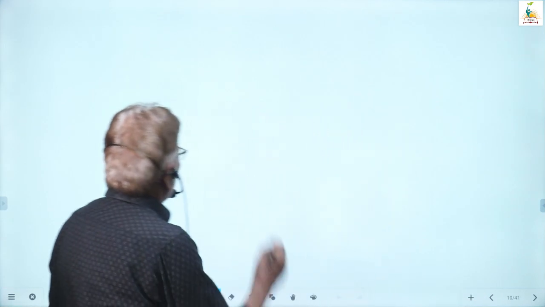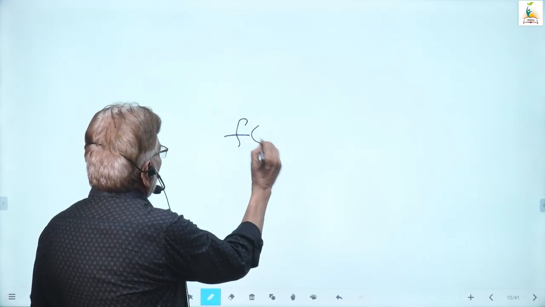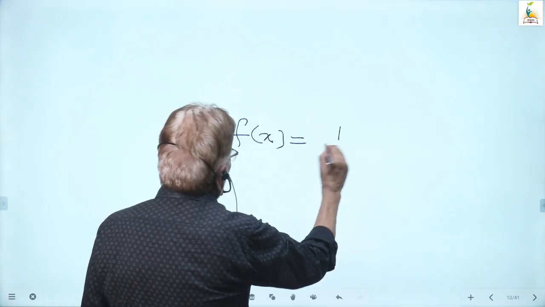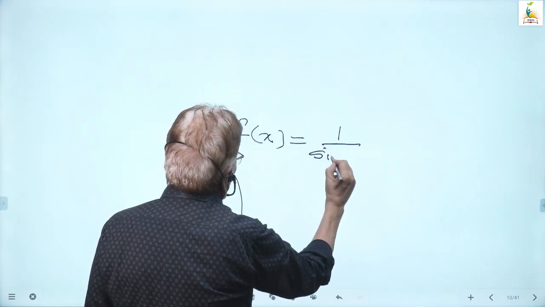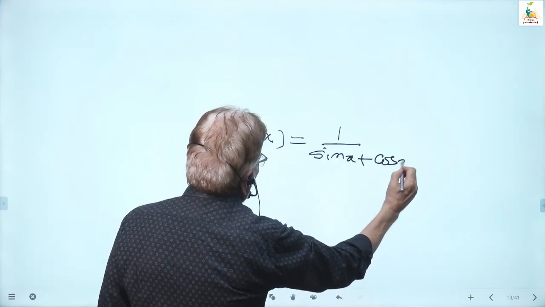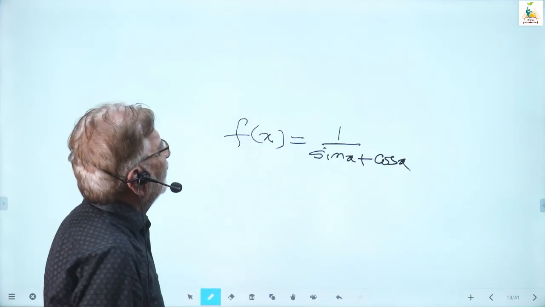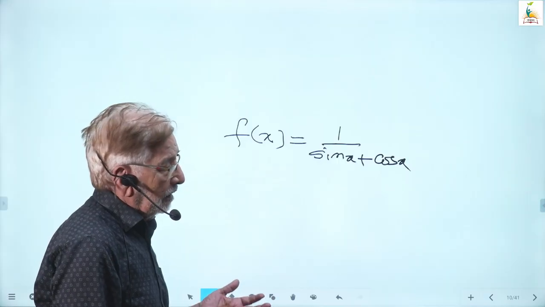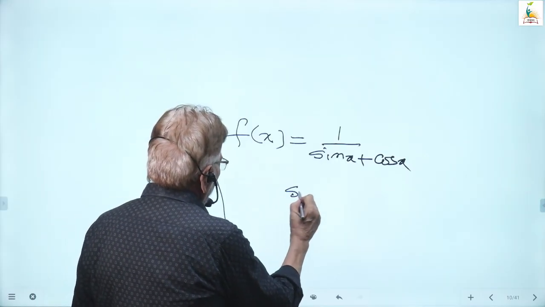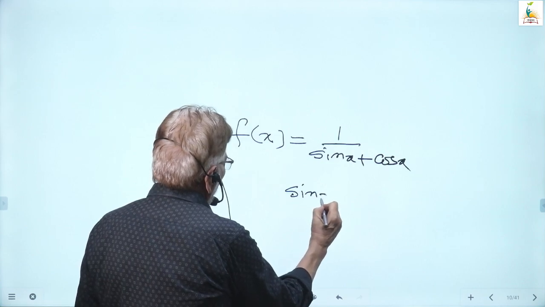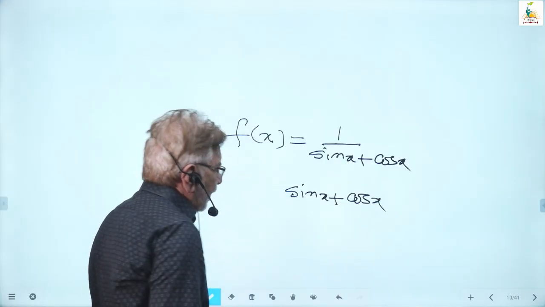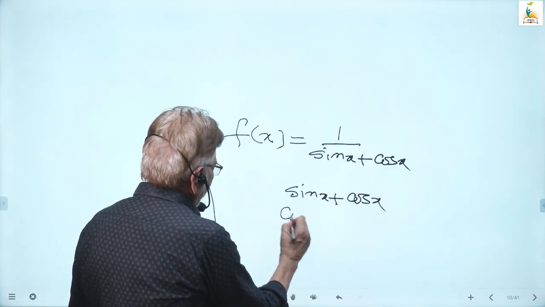f(x) is equal to 1 upon sin x plus cos x. Though we can do it directly, if I find the maxima minima of sin x plus cos x, differentiate it: cos x minus sin x.